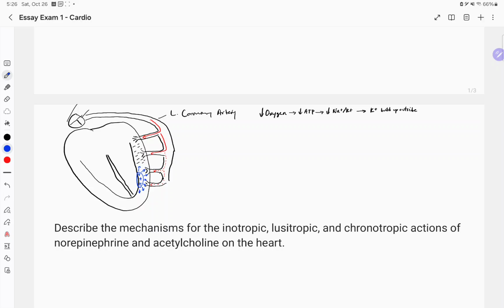And that means we have positive charges outside these cells, but these cells over here, they're not depolarizing, and so they have positive charges outside.